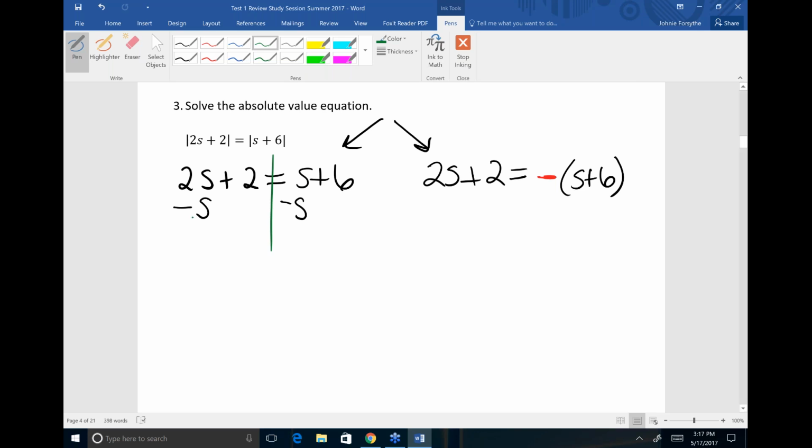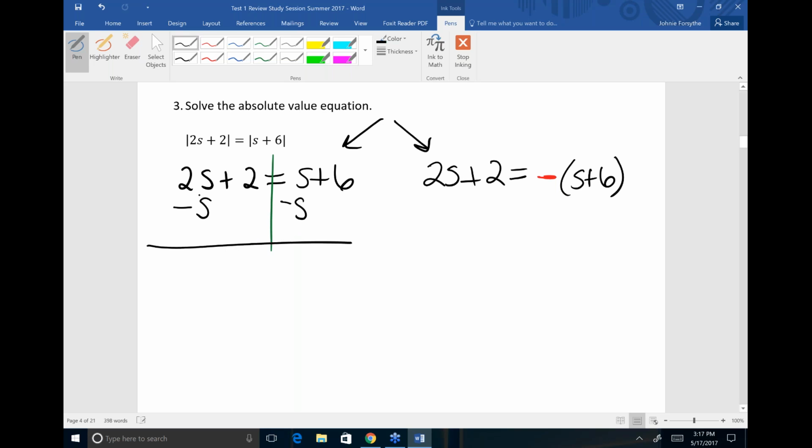That's why we are subtracting s on the left, because we did it on the right. The reason we did it on the right is because I want to move all of my variables to one side. And I decided I want my s variables on the left side of the equal sign. You could have moved 2s to the right side if you wanted to, but I decided to make my s's go on the left.